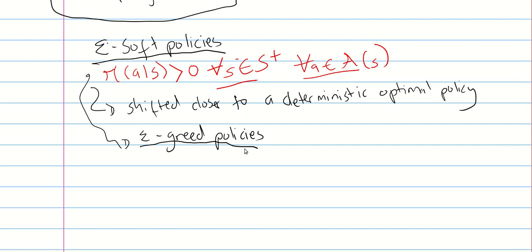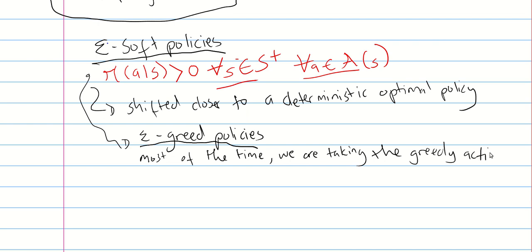This means that most of the time we're going to take the greedy action, right? So what are epsilon-greedy policies? We're just saying that most of the time we are taking the greedy action. You might ask yourself at this point, what is a greedy action?